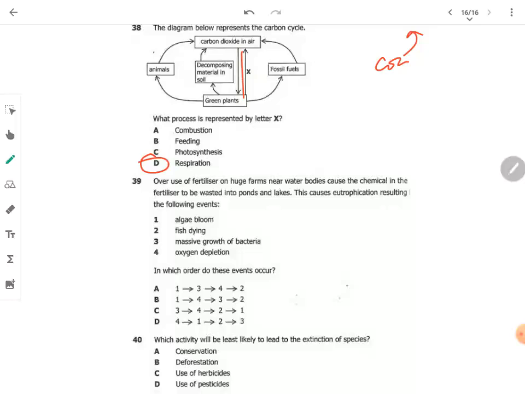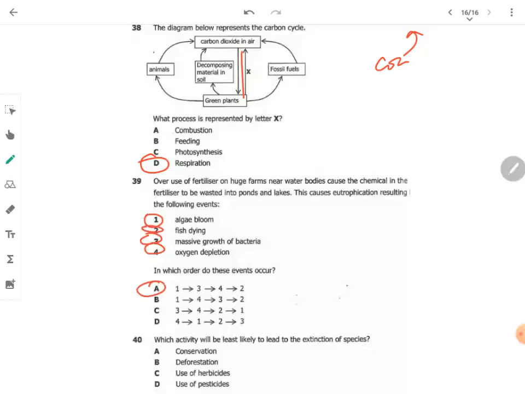So question 39. These events will occur like this. One is the algae bloom. So the algae are going to increase. Once the algae increase, what happens? There is massive growth of bacteria. After that, we have oxygen depletion. Then fish will die. This is what happens. A.